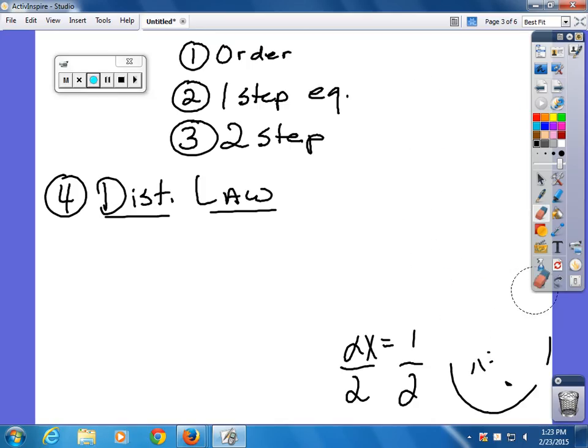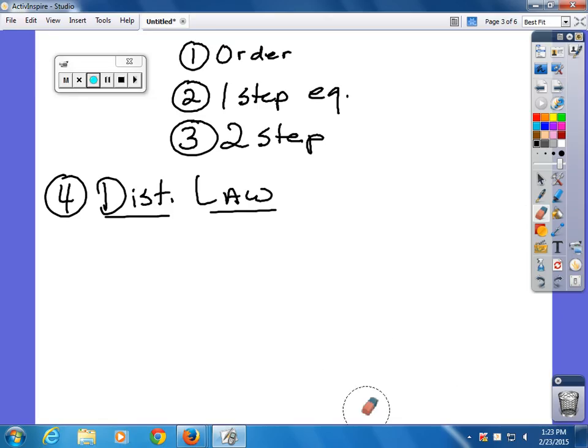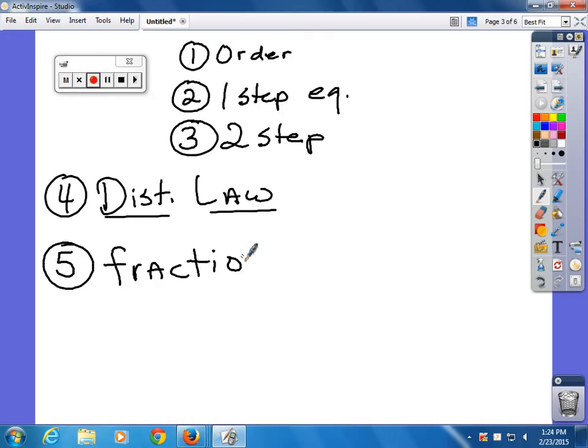And then what's the only step left? The step that I'm going to test you on the most. You don't want to take a big guess at it? Fractions. What do you mean, right? Well, I'm fixing to show you.